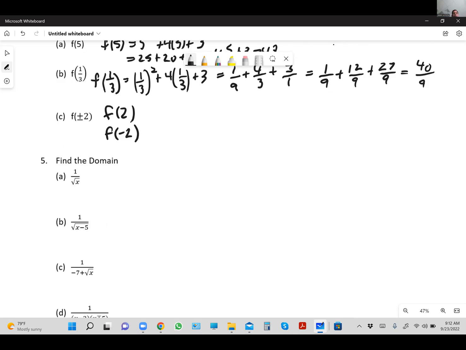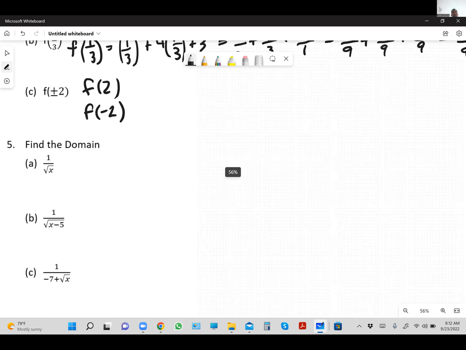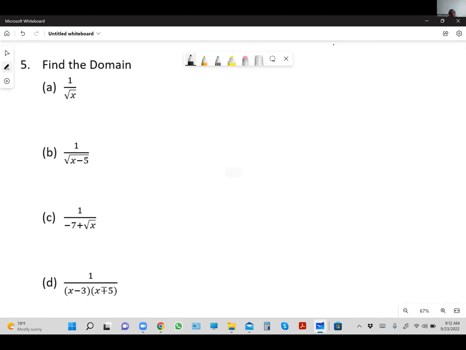We want to find a domain. See, part A, we know that this is like this. The square root of x has what kind of domain? What are the allowable values for x? Can it be 0 though, just for the square root of x?